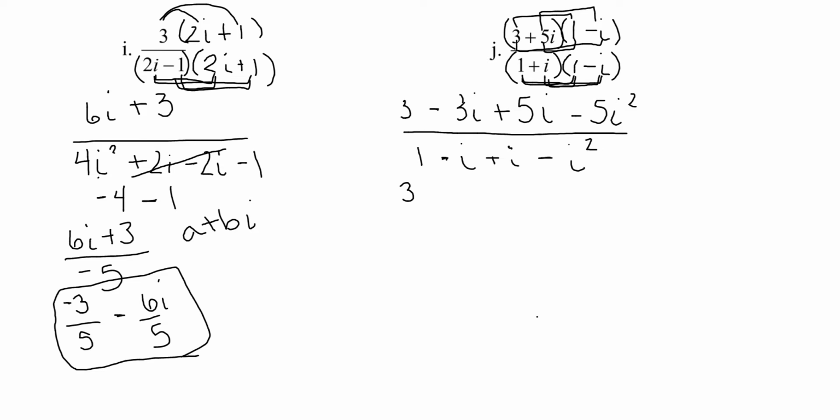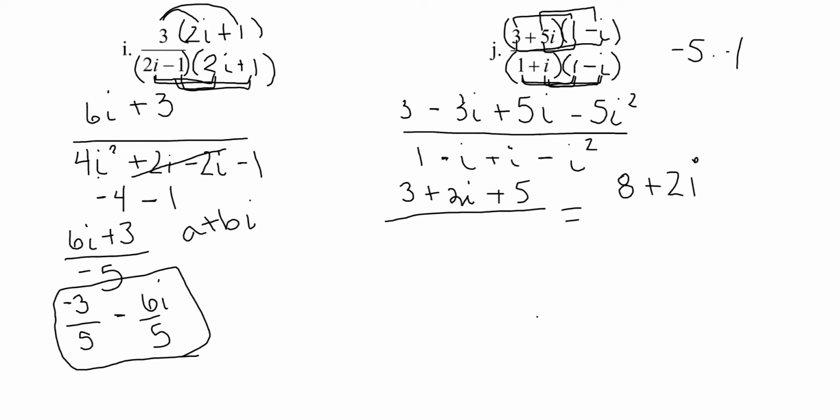Now, negative 3i plus positive 5i. They're like terms, so I can combine them. And I get plus 2i. And negative 5 times a negative 1, because I squared equals negative 1, is going to give me a positive 5, which I can then simplify. 3 plus 5 gives me 8, so I have 8 plus 2i.